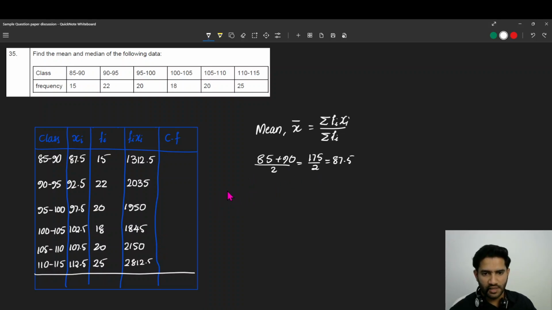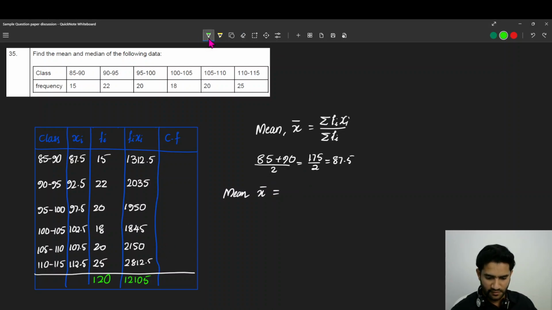So now we can calculate the mean. X bar is equal to sigma fi xi divided by sigma fi. Sigma fi, the total sum, is 120. Here the total of fi xi is 12,105.